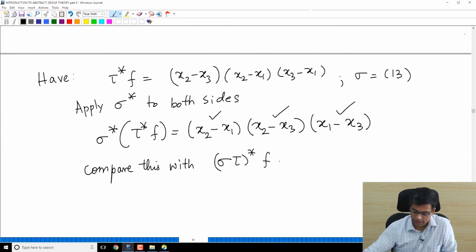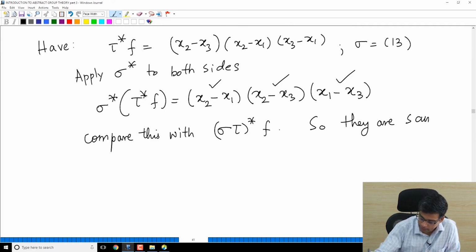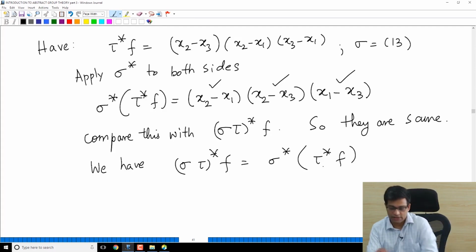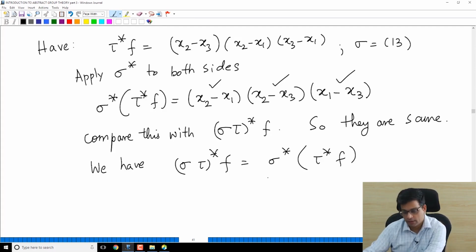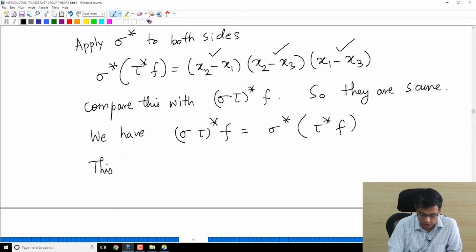So they are equal, they are the same, right? So sigma tau whole star f is applying sigma star to tau star f. You start with f, first apply tau star, then apply sigma star to it. So this is what we have in this example, and I will now say this holds in general.